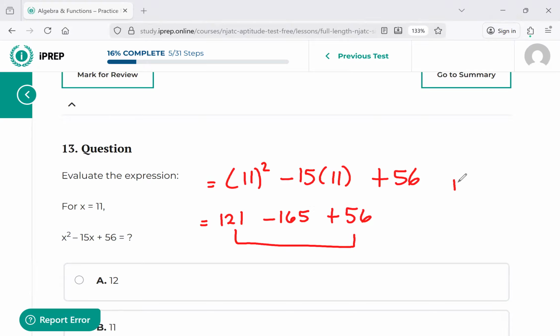I think that's easier. 121 plus 56 is 177. Then just subtract 165 from 177. Without a calculator, 7 minus 5 is 2. 7 minus 6 is 1. You get 12.